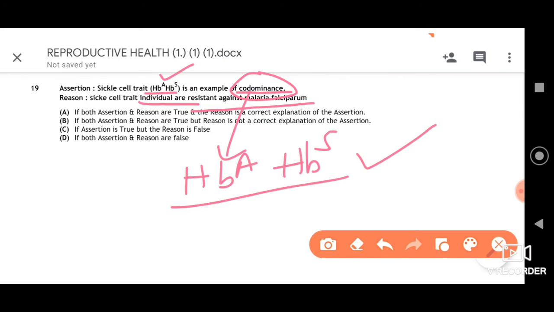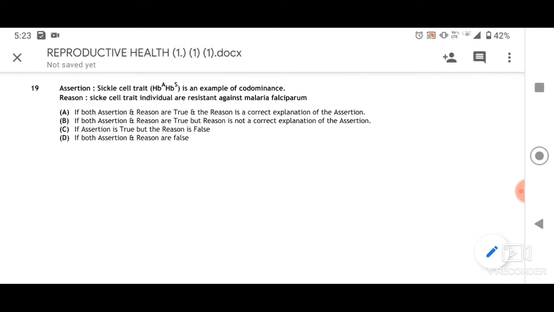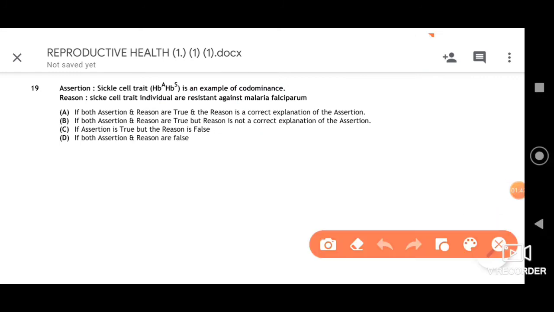And let me tell you what is the reason given for that assertion. They have given: sickle cell trait individuals are resistant against malaria falciparum. Yes, indeed, they are resistant. See, several studies have suggested that in one way or the other, the sickle hemoglobin might get in the way of plasmodium.